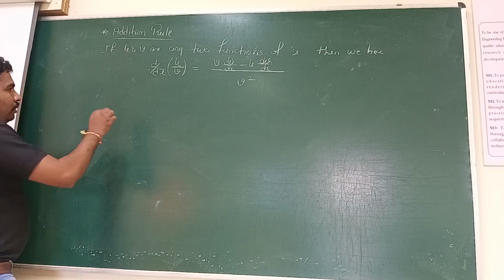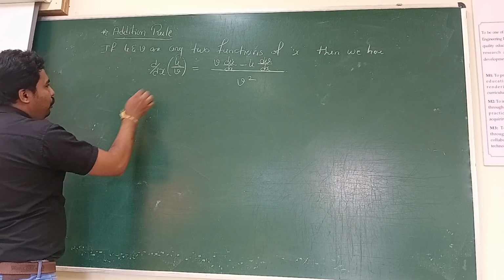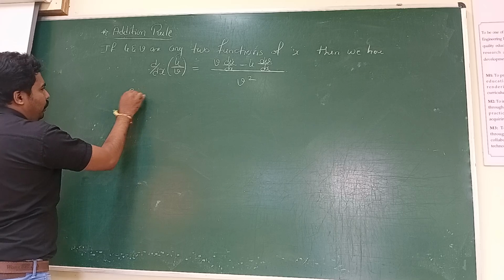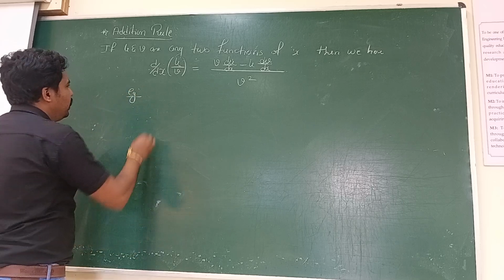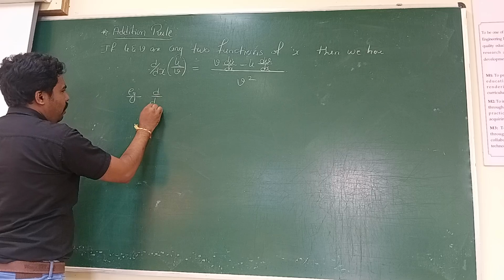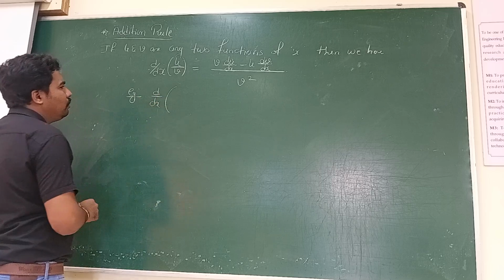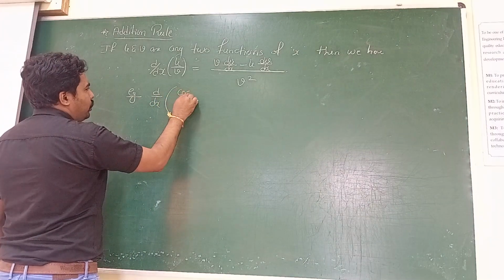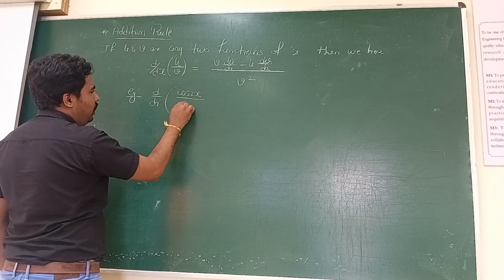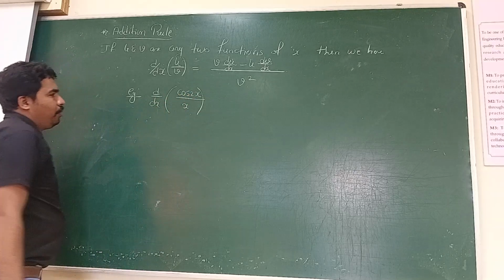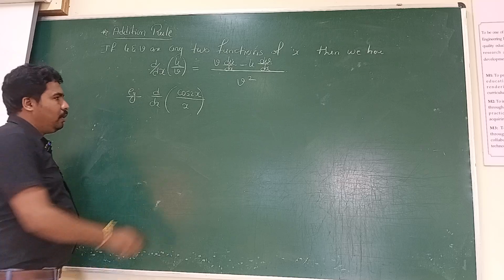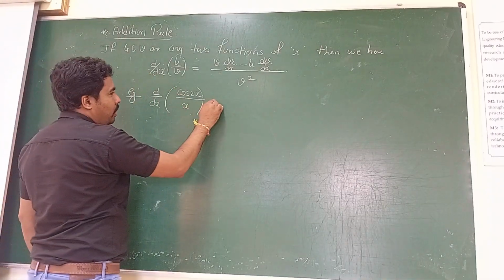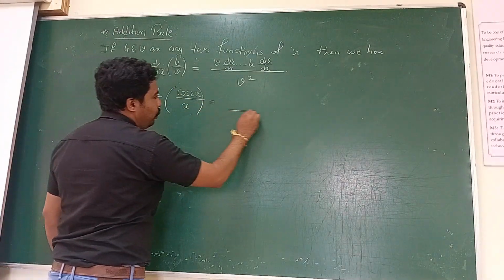Now, let us study this rule with one example. A simple example I will consider: differentiation of cos 2x by x. We have two functions here, cos 2x by x. So what happens if I operate the division rule?